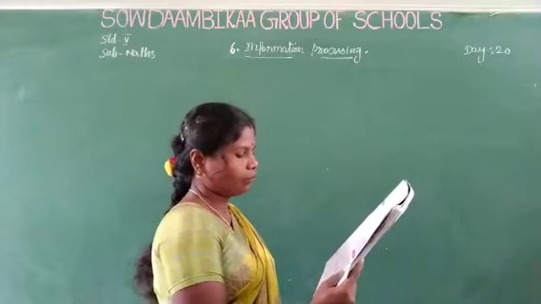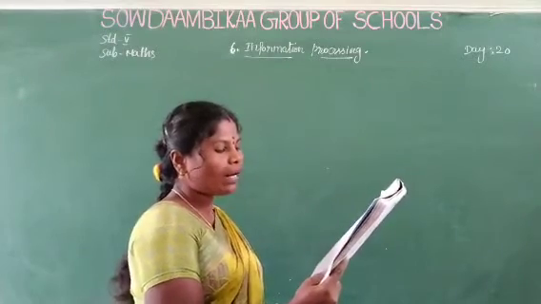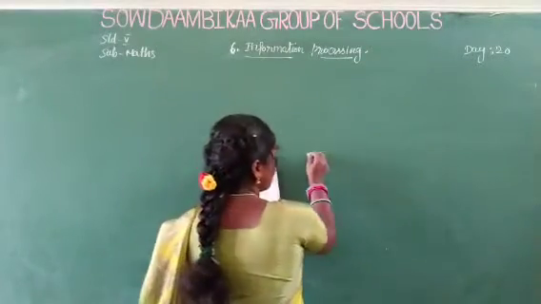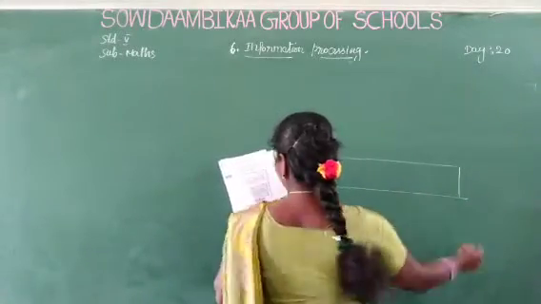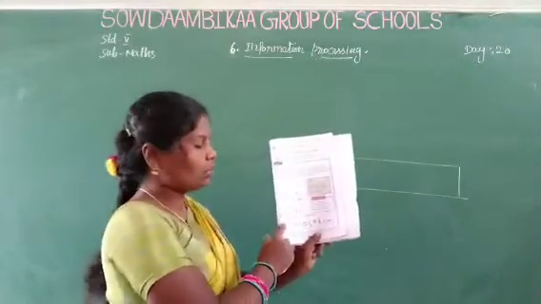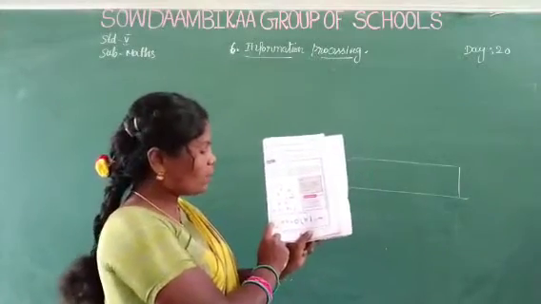Okay, let's see how to arrange them in a proper way. First you put the table column. Shapes. Don't write the sports article. Shapes.